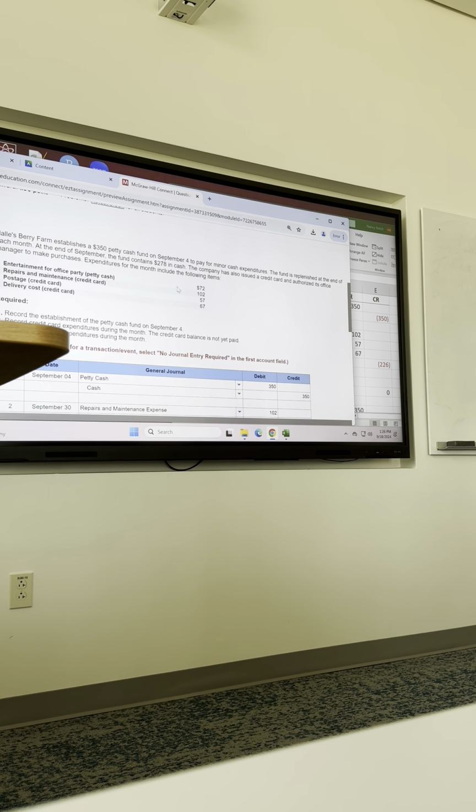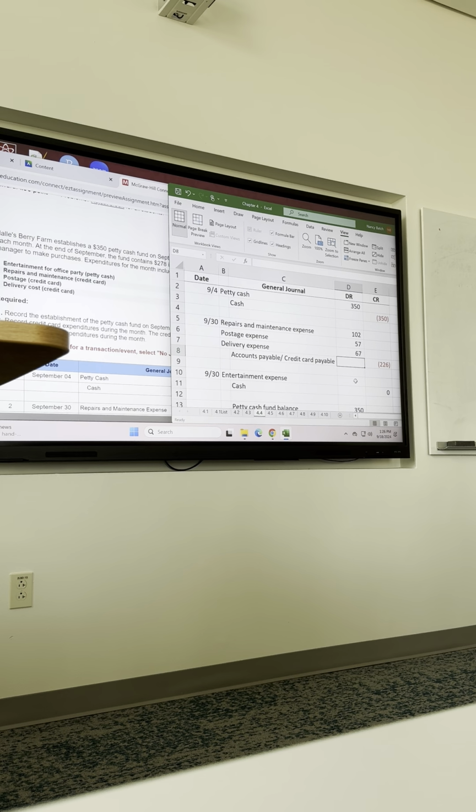Now, I actually rewrote this problem, which they should not have done. This is not entirely complete. It should have $278 in cash and a receipt for $72. This problem actually isn't written all that well. But the implication here is that there was $72. There should be a receipt for $72.